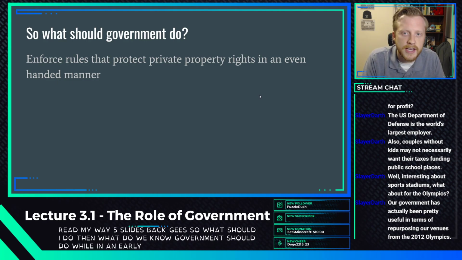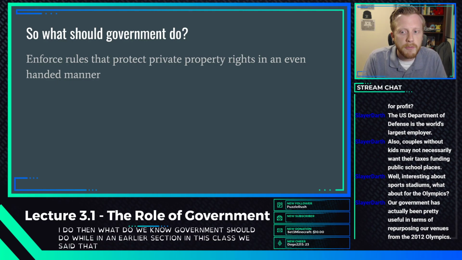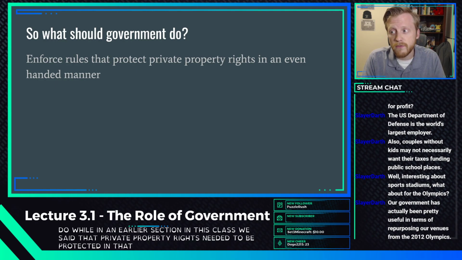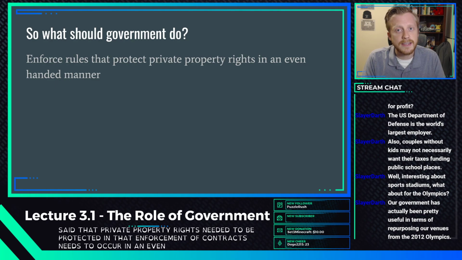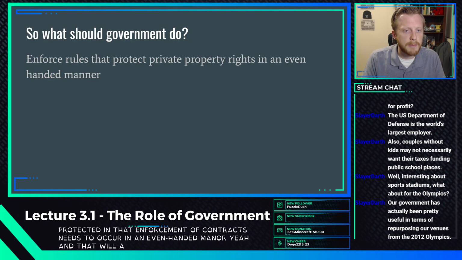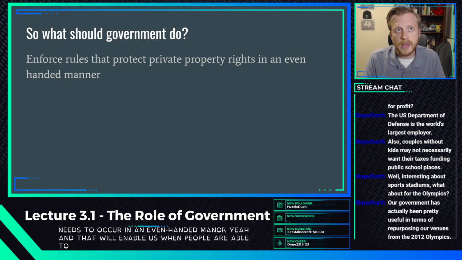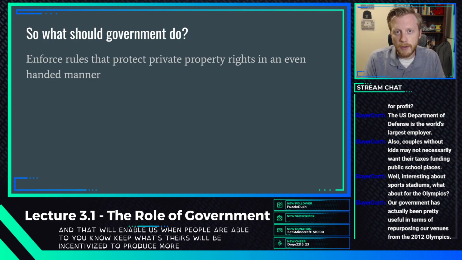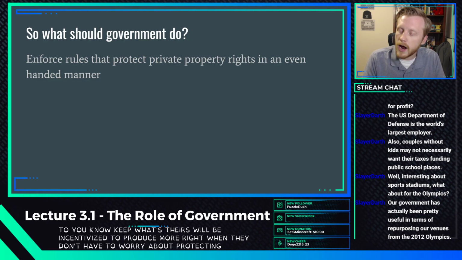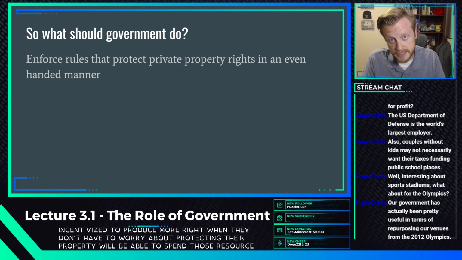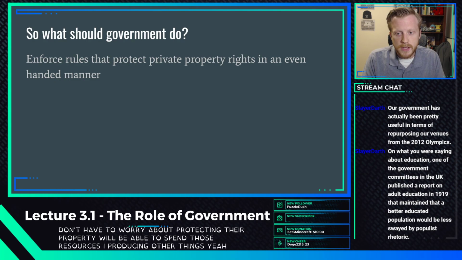Well, in an earlier section in this class, we said that private property rights needed to be protected and that enforcement of contracts needs to occur in an even-handed manner. Yeah, and that will enable us, when people are able to keep what's theirs, they'll be incentivized to produce more of it, right? When they don't have to worry about protecting their property, they'll be able to spend those resources producing other things, yeah?